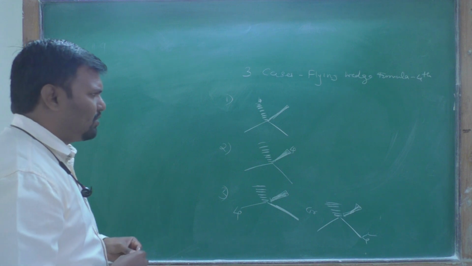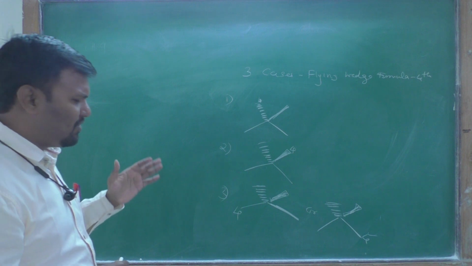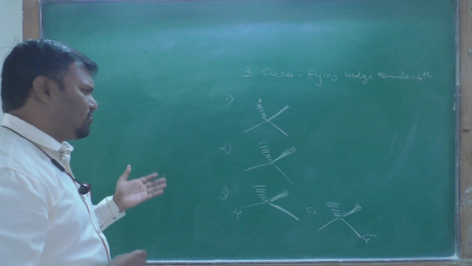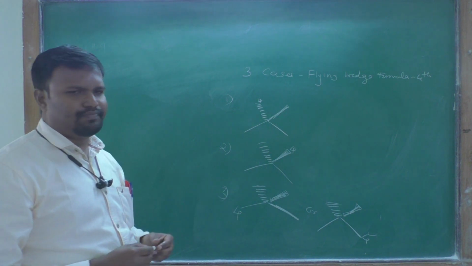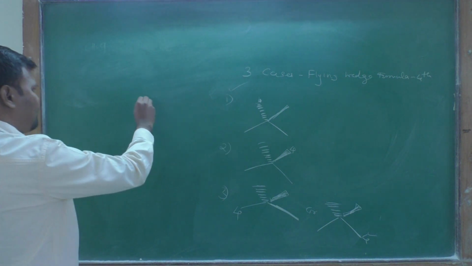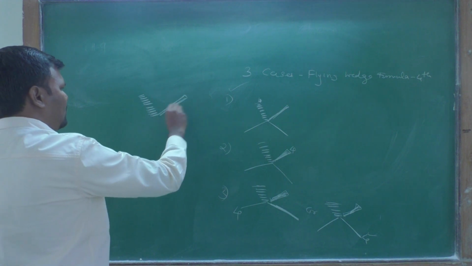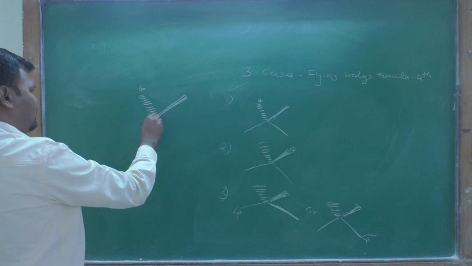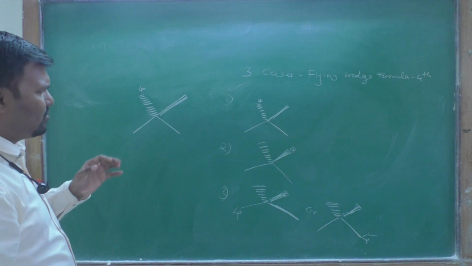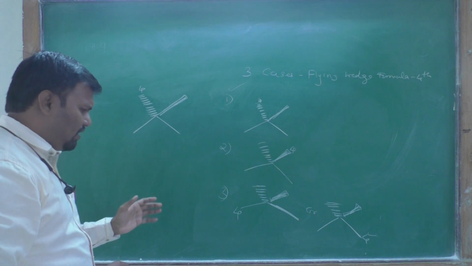By using these examples, we will try to find out the RS nomenclature in different forms of the flying wedge structures. The first way we can represent the molecule is where your fourth priority group is present at the dotted wedge line, and dotted wedge line means your group is pointing away from the observer.